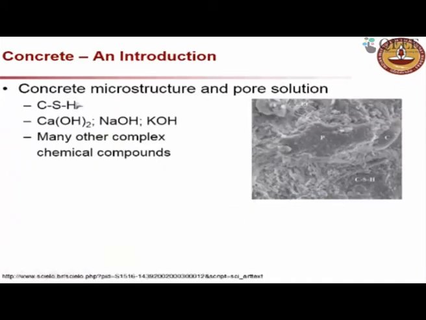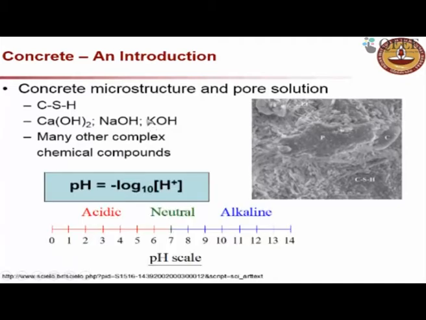Now looking into the concrete, what is actually concrete? I know you might have already taken classes on concrete technology, but still let me just brief it. In concrete you have CSH, calcium silicate hydrate, which is the main binder, and then you also have a lot of hydroxides in the concrete. These hydroxides contribute to the high pH which the concrete pore solution has.